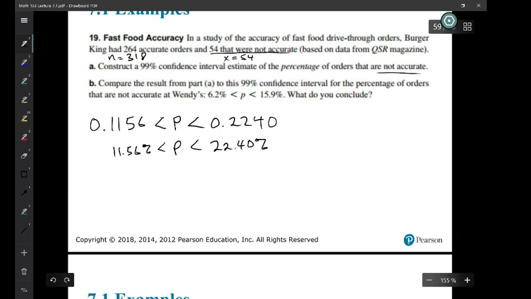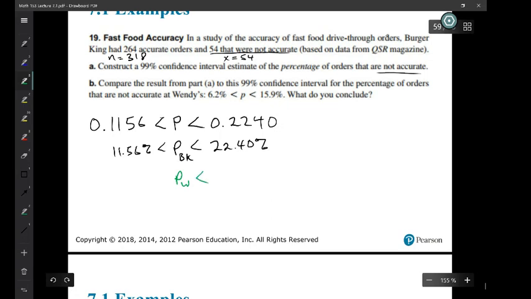Now we're given a confidence interval for the Wendy's non-accurate orders. The proportion of non-accurate orders is between 6.2% and 15.9% for Wendy's. So I'll put a subscript of BK here, and then in green I'll write P sub W for Wendy's.